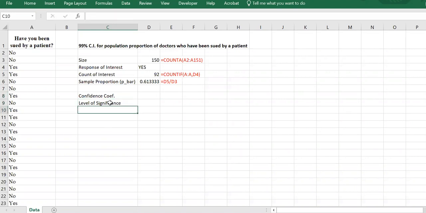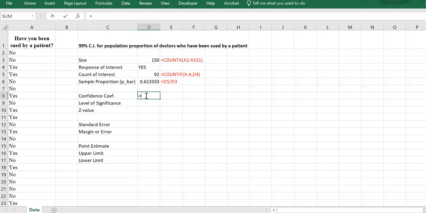With that, I can find the Z value for half of alpha, half of the level of significance. When I have this, I can also find the standard error. With the Z value and standard error, I can find the margin of error. And with that, I can find the point estimate, upper limit, and lower limit.